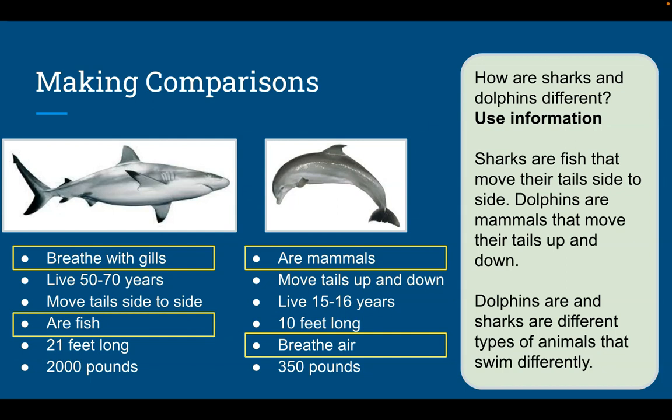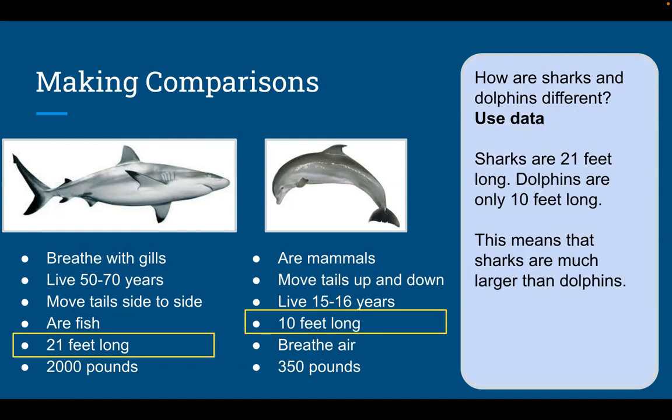So I might write a sentence such as, sharks are fish that move their tails side to side. Dolphins are mammals that move their tails up and down. Then I want to make a comparison. I want to explain the difference. So I might say, dolphins and sharks are different types of animals that swim differently.